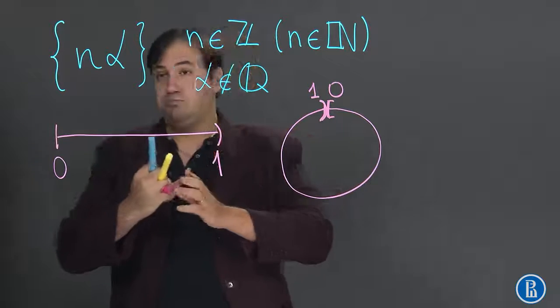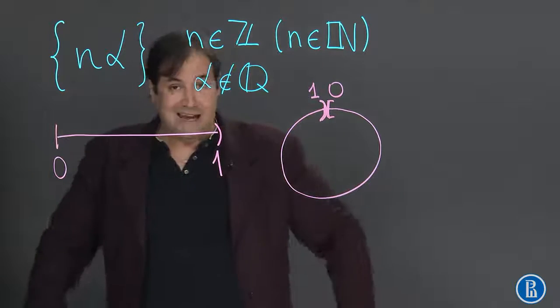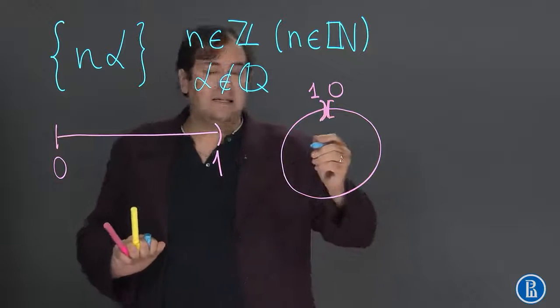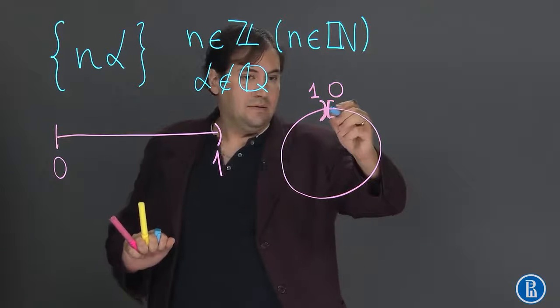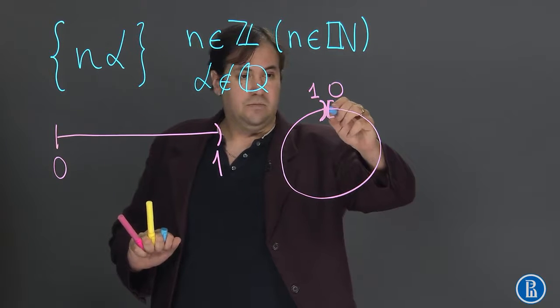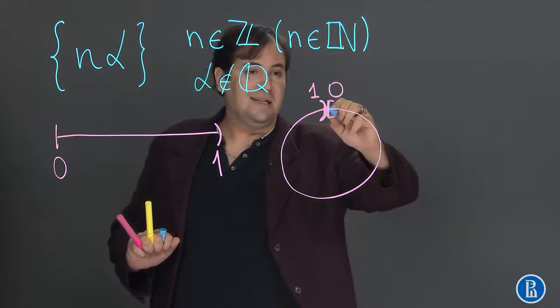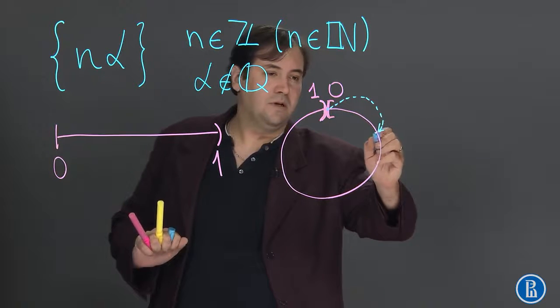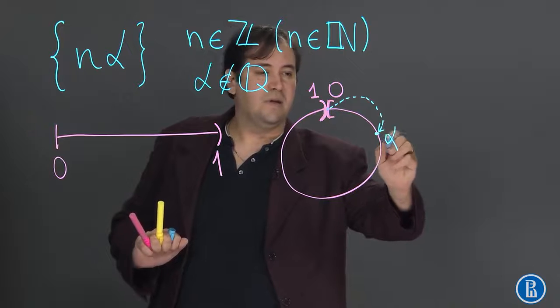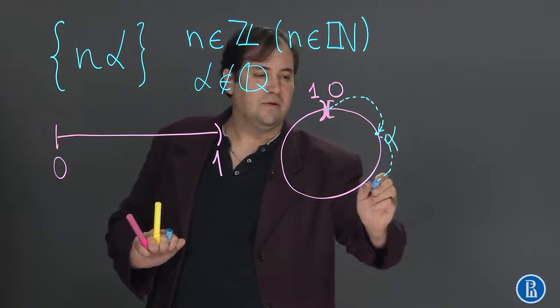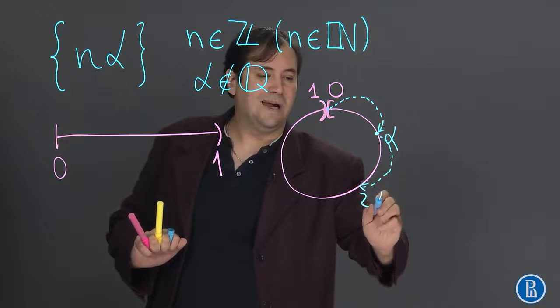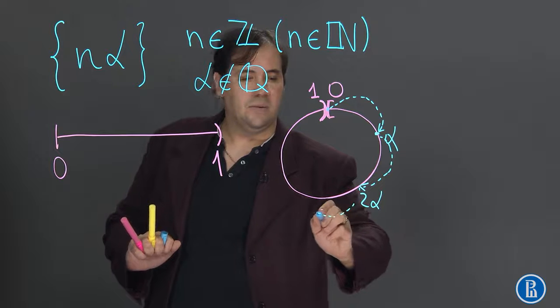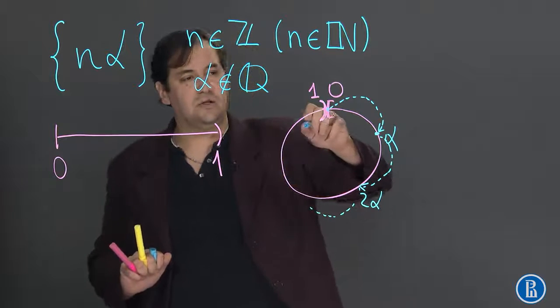And alpha, actually n alpha, is like a grasshopper starting from this point and just jumping on this circle. So here we have alpha, and then we have 2 alpha, and then we have 3 alpha, and so on and so on.